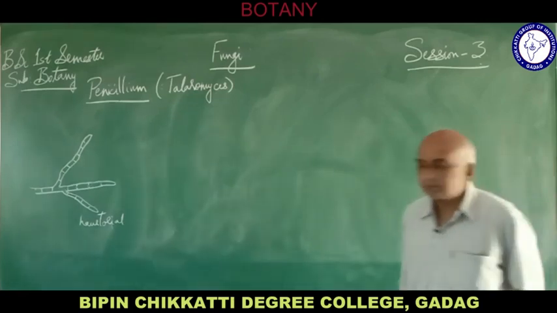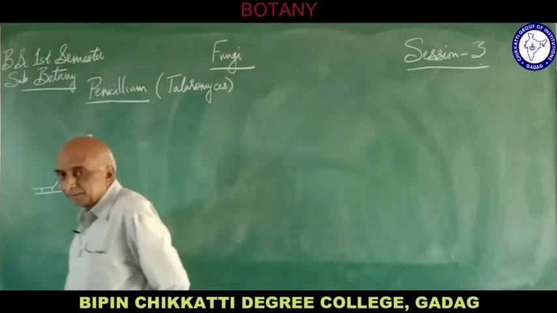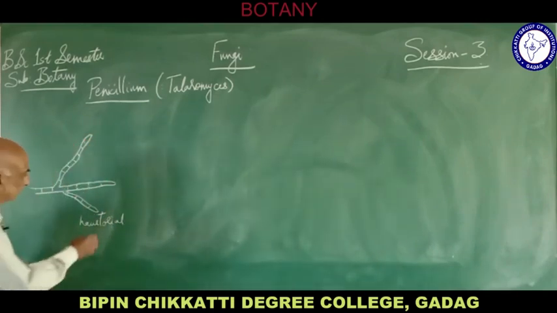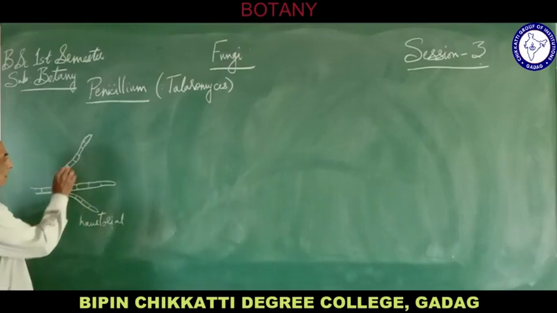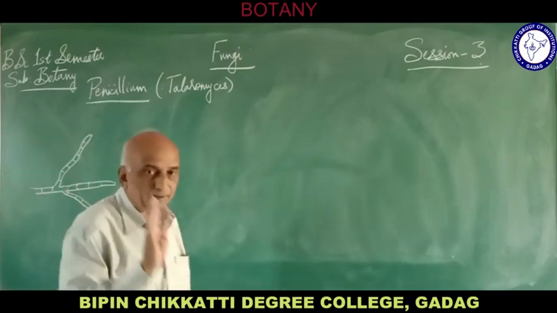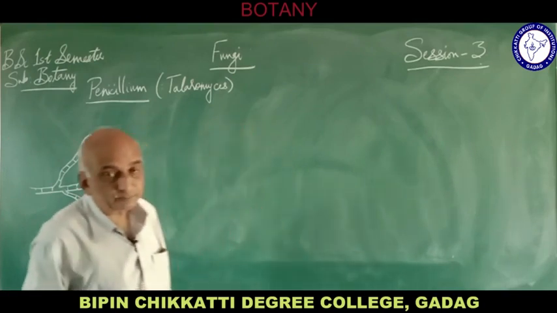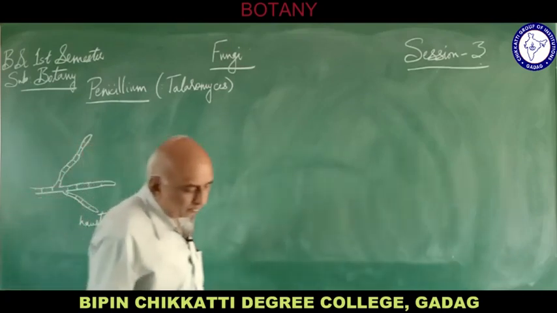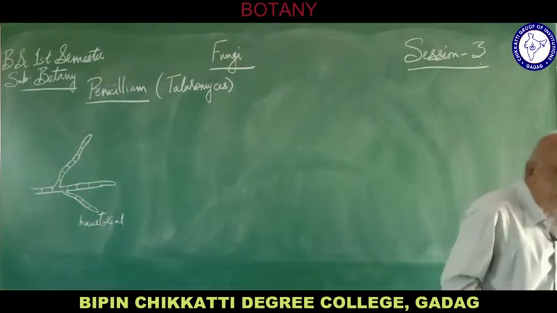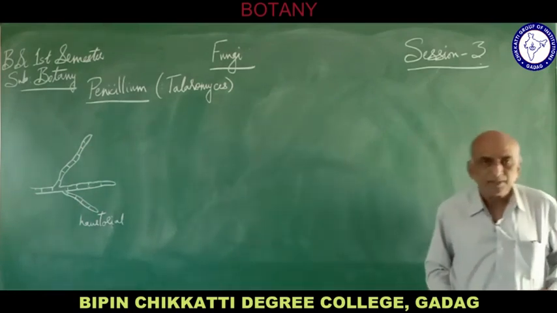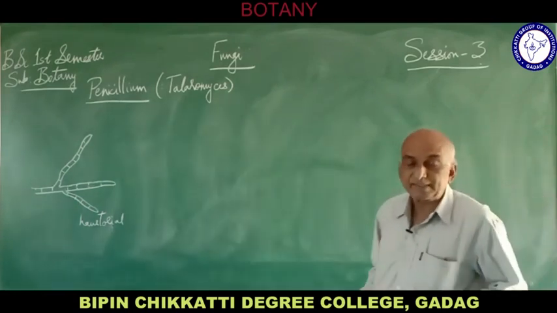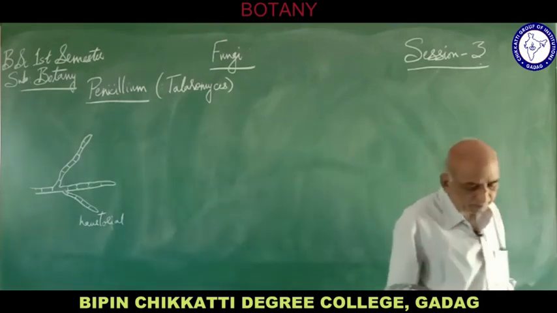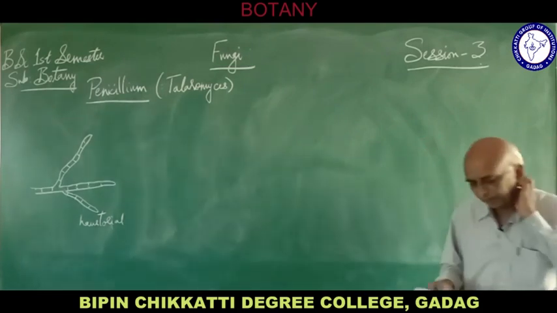So haustorial hyphae absorb the nutrition from the substratum. Now there are certain hyphae which are aerial. They are the structures which help in reproduction. So the hyphae may be aerial, or sometimes they may grow deeply into the substratum. Such haustorial hyphae secrete enzymes, and these enzymes help in the absorption of food materials from the substratum.